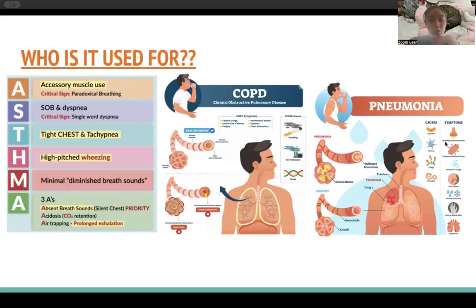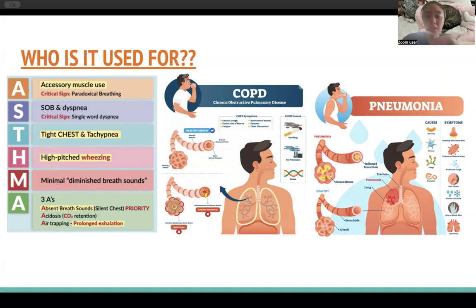Who is it used for? It's usually used for patients with severe symptoms like COPD, asthma, and pneumonia. What all three diseases have in common is that it's really hard for the patient to breathe. With asthma, it's because the airway becomes narrow, swollen, and filled with mucus. The Venturi mask helps with the low oxygen level, which is the main cause of the problem for the patient.